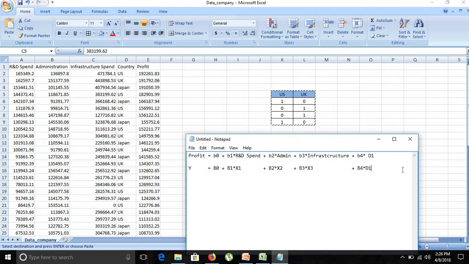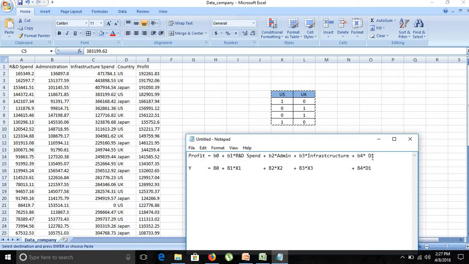Now why are we doing this? Because including both the dummy variables D1 and D2 may create a hindrance or some problem for your machine learning model creation. So if we include both the dummy variables D1 and D2, it will create some problem while building your machine learning model.